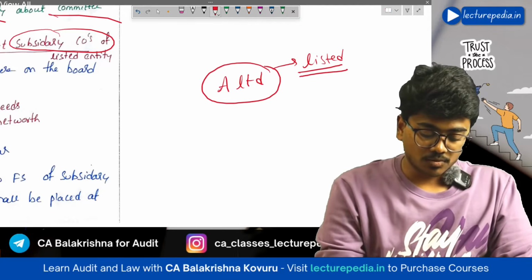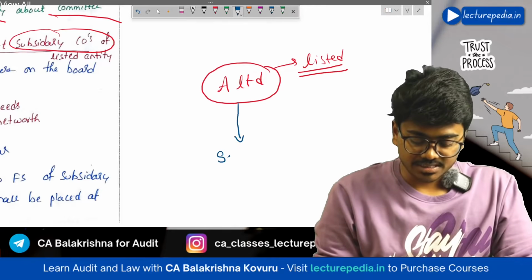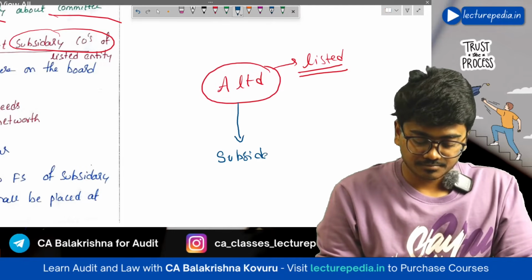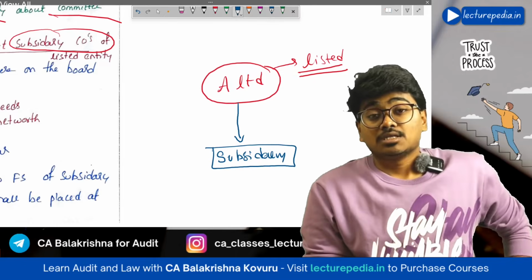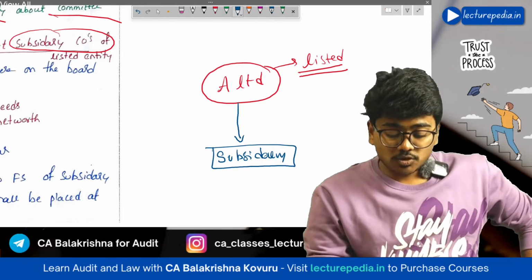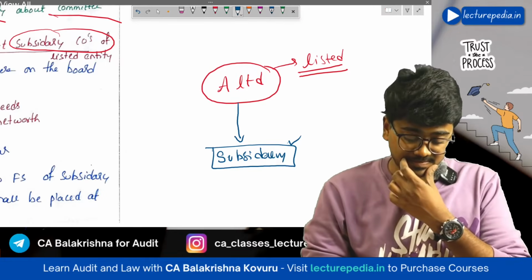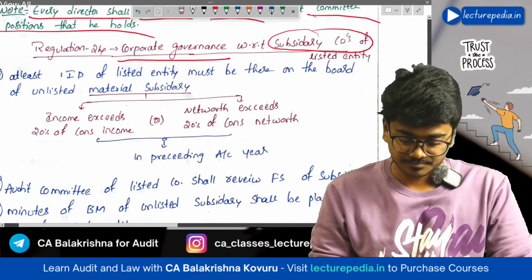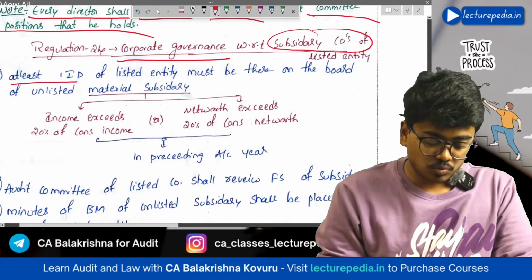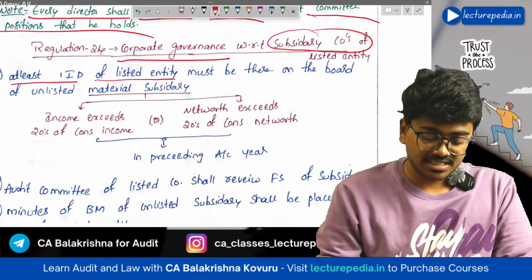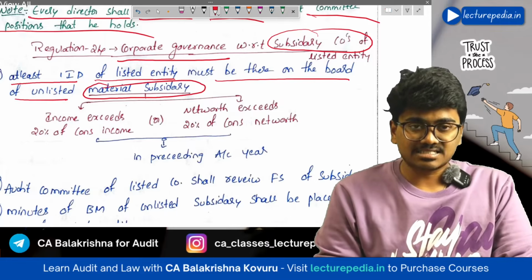Now A Limited is having a subsidiary. Now the regulations with respect to subsidiary of the listed entity that we are going to discuss now. See, at least one independent director of the listed entity must be there on the board of unlisted material subsidiary.